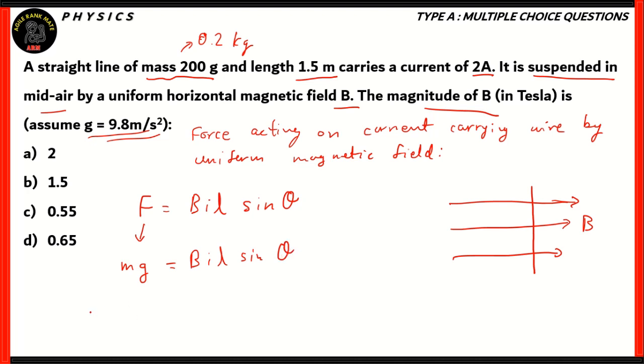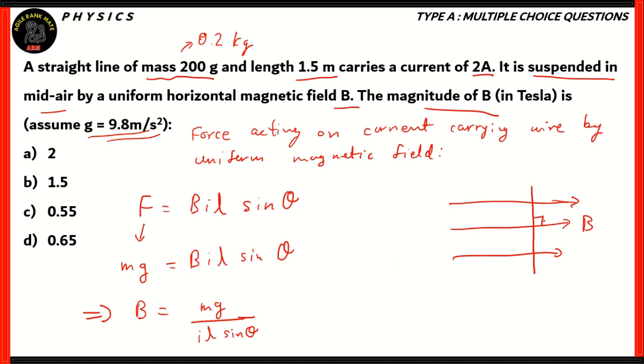All right? Now, we need to find the magnetic field, or B, the magnitude of that. So what we can do is shove the rest of the terms to one side and B to the other side. So B on the left side equals mg divided by IL sine theta. Now here's the next quirk.